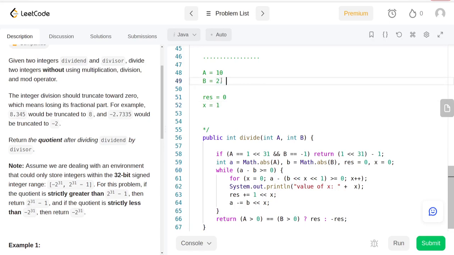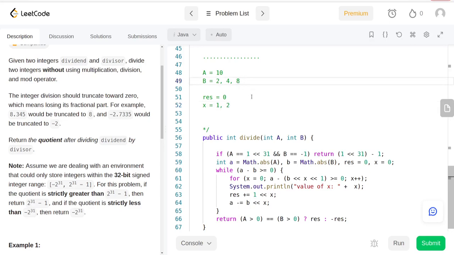This is going to become 4 because we are left shifting it. X is now 1. We're going to try to left shift it 2 times, and then again one more time, that is going to make it 8.